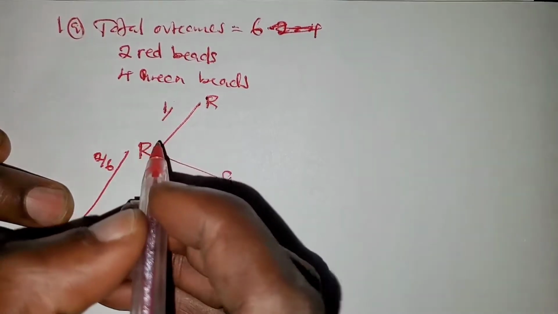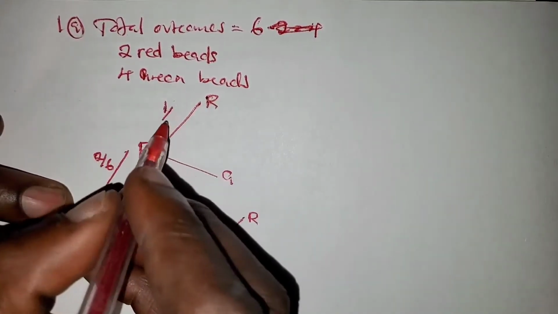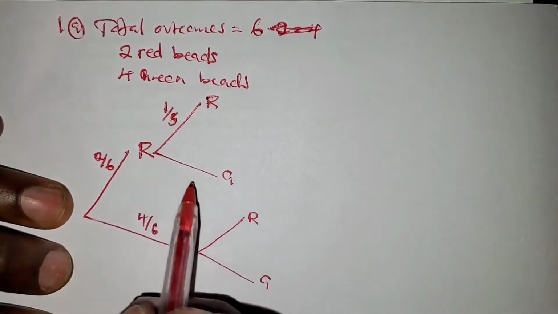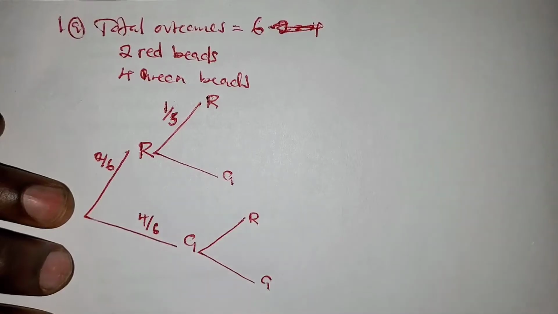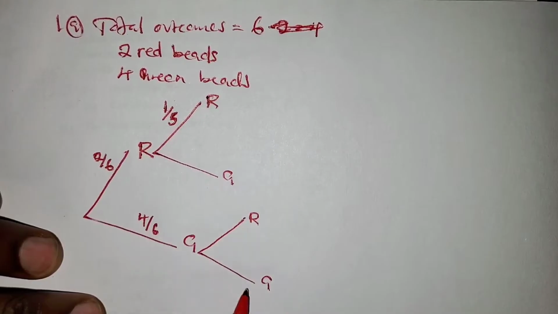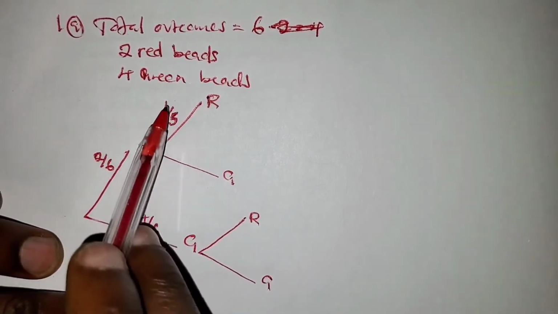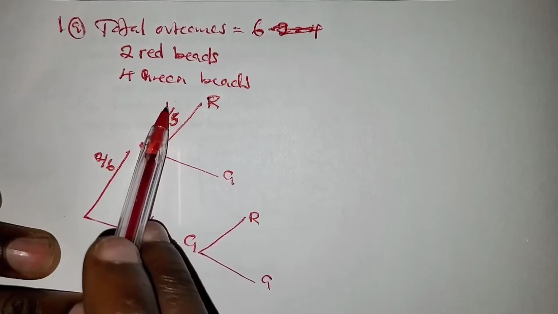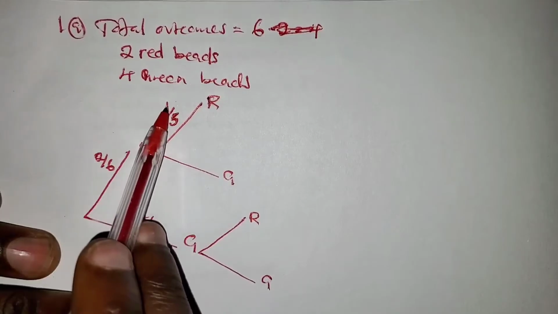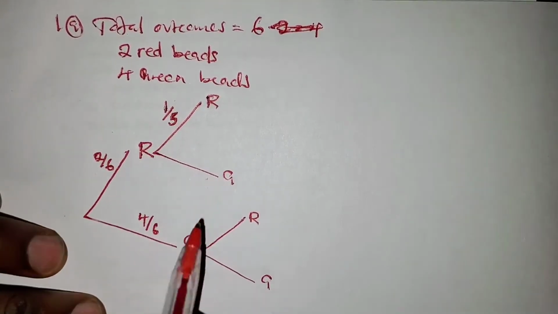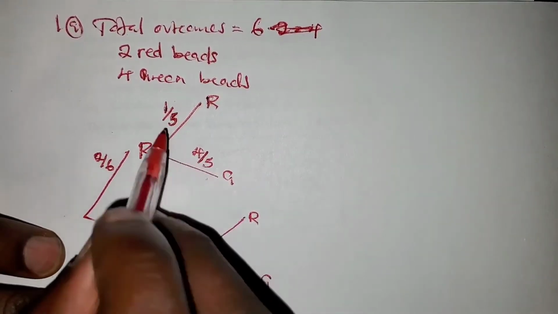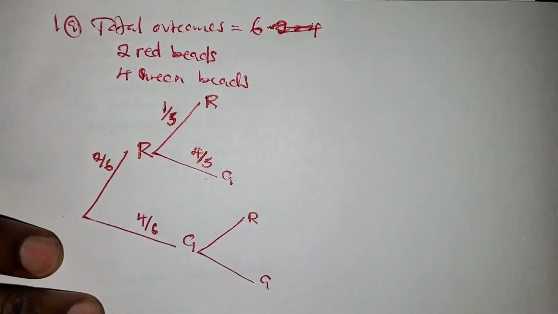Because the bead wasn't replaced, the total number will be affected by 1, so we subtract and the total will be 5. Green beads will still be 4, but the total number will be 5 because of that red bead that wasn't replaced.